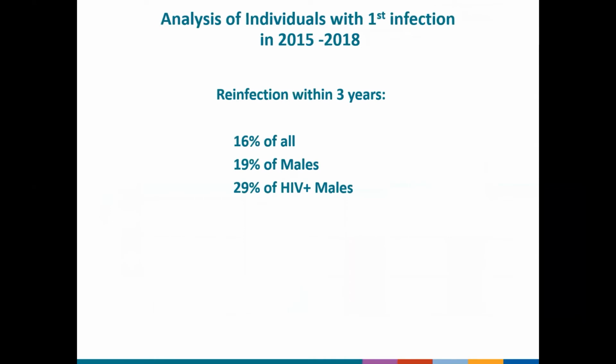And in our subset analysis, where we looked at people with their first infection in 2015 and followed them or looked for them for 3 years for possible reinfection, 1 in 8 of the people diagnosed in 2015 were reinfected by 2018.